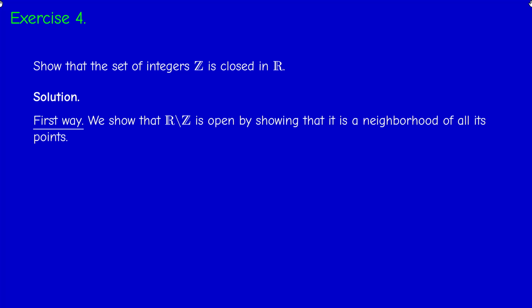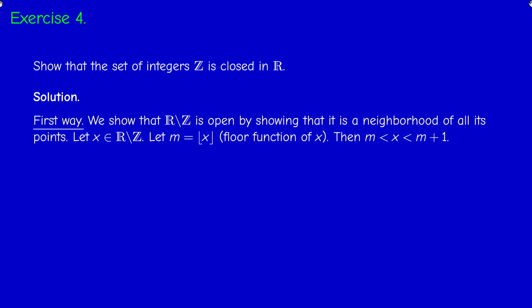Okay, so first way. How do we prove that the complement is open? We take an arbitrary point in the complement, so a point which is not an integer, and we prove that it is contained in some open set contained in the complement. Take a non-integer real number x and take, for example, m to be the floor function of x. So this is the biggest integer which is less or equal than x. So x will always be between m and m plus 1. But since it's not an integer, it is strictly between m and m plus 1.